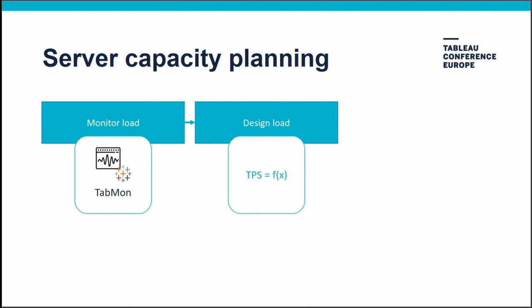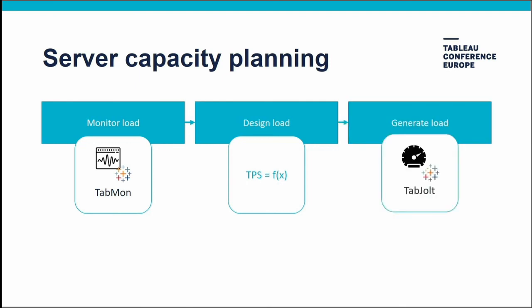So what I do is design a synthetic load in relation to TPS, especially those of you who have worked with Jolt. When you put in this little C, the apparently concurrent users, as it's named, you're actually not putting in users, you're putting in TPS. You define the number of activities going on at this very moment on the server. If you have this load defined, you generate it and observe what's happening on your server.